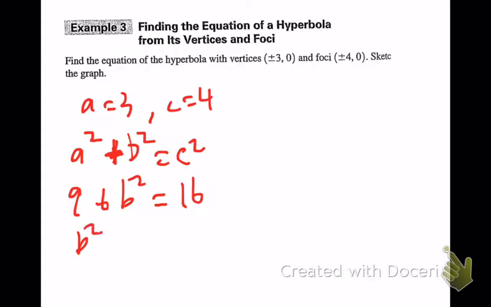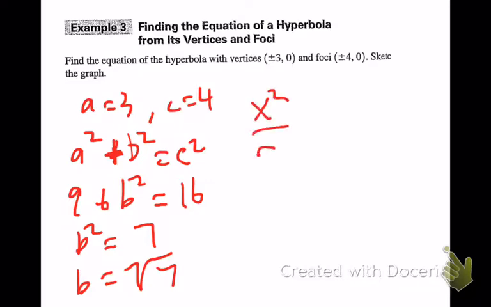So b squared equals 7. So b equals radical 7. So the equation would be x squared over 9 minus y squared over 7 equals 1. Right? That's my equation. a squared and b squared go on the bottom there.